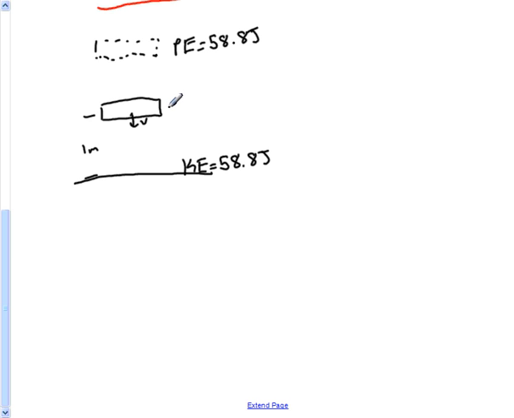So what about energy here? What kind of energy does this book have at this point? Well, it still has potential energy because it is high above the ground. It's 1 meter high off the ground, so it still has gravitational potential energy, but it's moving, so it also has kinetic energy. Okay, but we know that it can't have any more than the initial energy that was originally in the system.